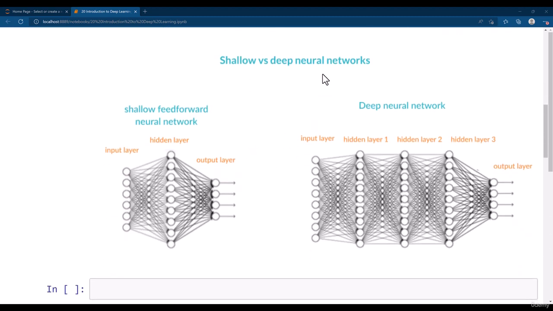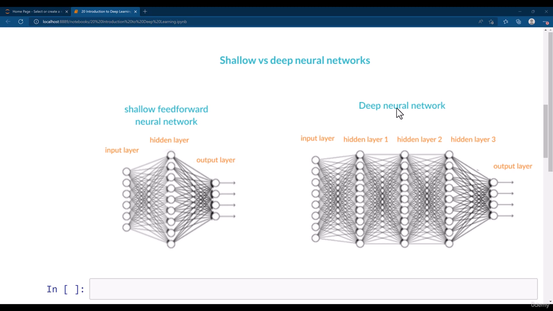If you see the types of deep neural network, there are two major types, a shallow neural network and a deep neural network. In a shallow neural network, you have just a single hidden layer. There is an input layer, there is a hidden layer, and then there is the output layer.